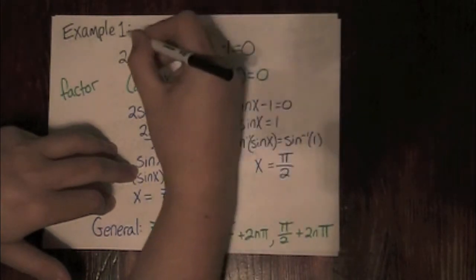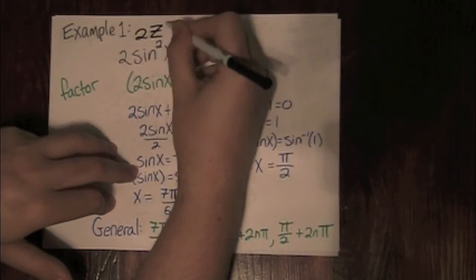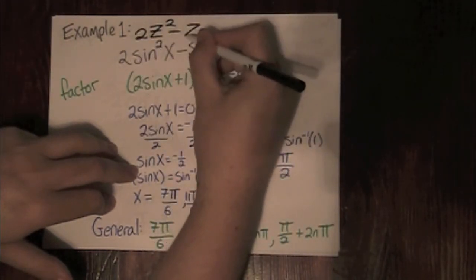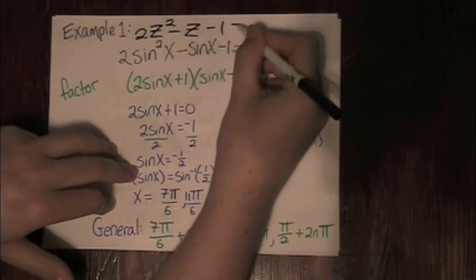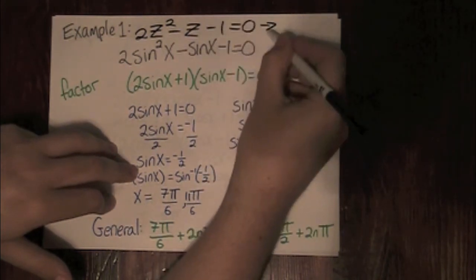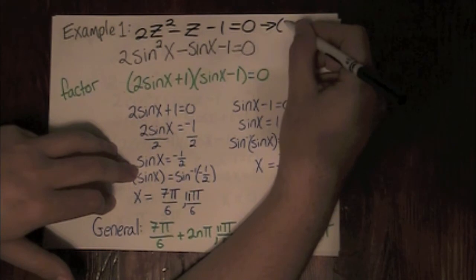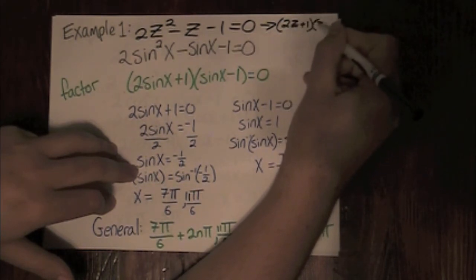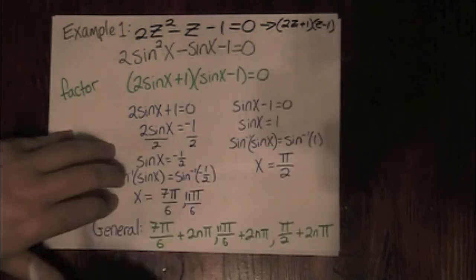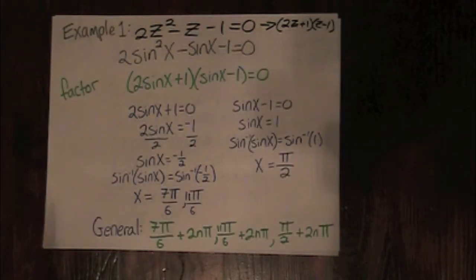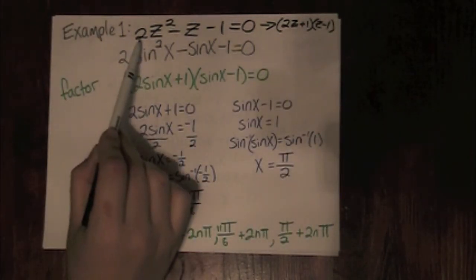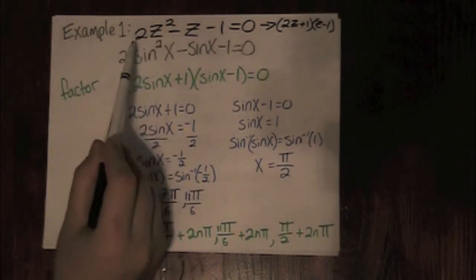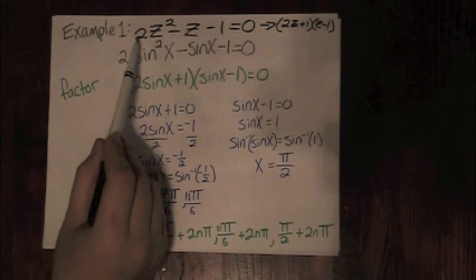If I imagine this as 2z squared minus z minus 1 equals 0, well, I know I could factor that into 2z plus 1 and z minus 1. If you have trouble because there's a coefficient other than 1 for the squared term, think about the fact that 2 is a prime number.